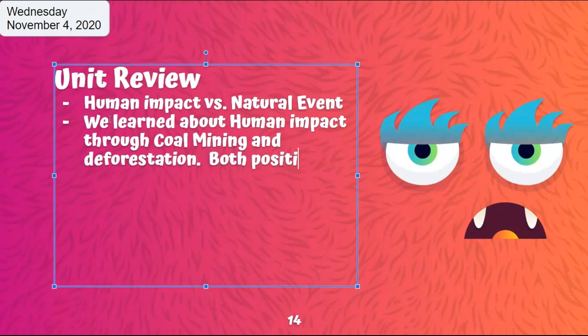Both positives, as in it provides places to live and resources, and negative effects. Okay, as in it really hurts the environment if we just mine up the whole place, or don't really think about what we're doing when we are getting rid of resources after we've used them.